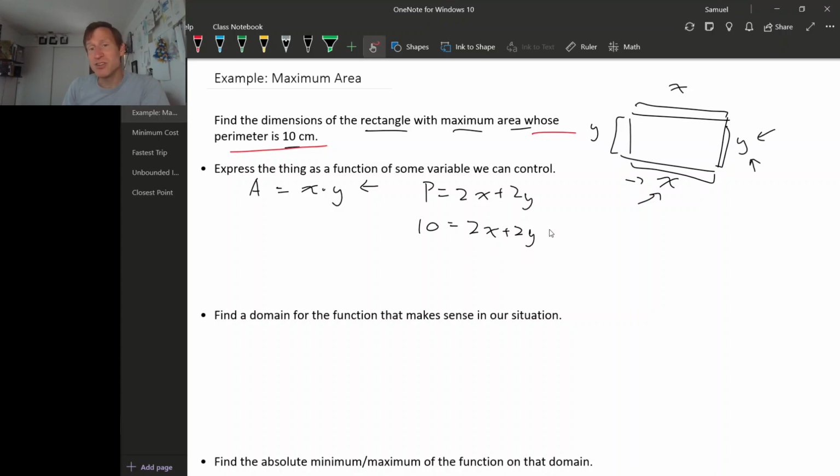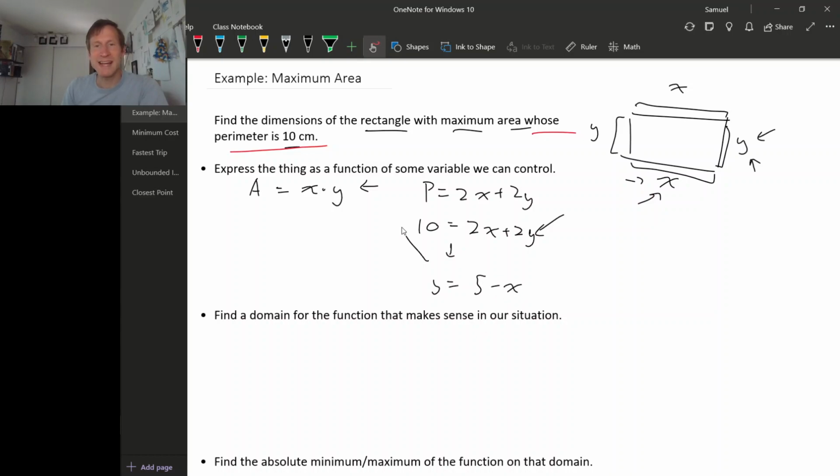And you can see we can use this extra relationship to eliminate one of the two variables, x or y. It's really our choice which one we want to eliminate. Let's eliminate y, I guess. So we can solve this equation for y. Move 2x over, divide everything by 2. You get y is 5 minus x.